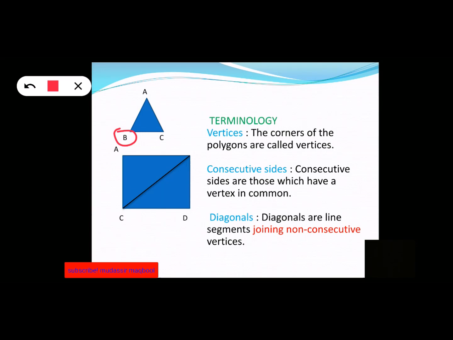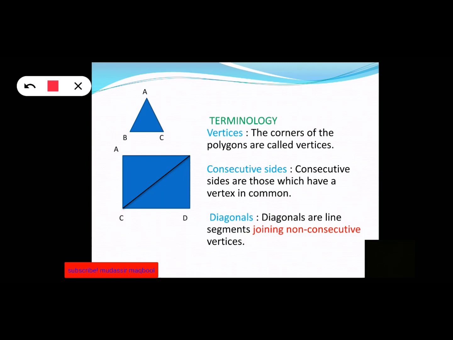So AB and BC are consecutive sides. Similarly, BC and AC are connected at point C. So BC and AC are consecutive sides. In fact, in a triangle, all three sides are consecutive to each other. But that is not the case for other polygons.